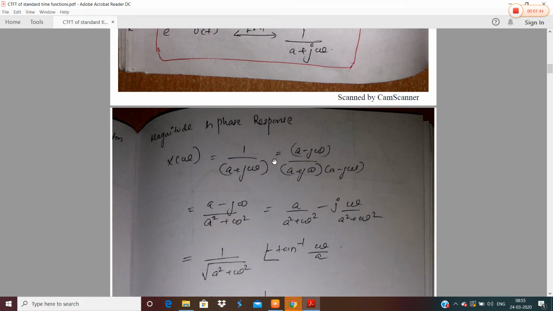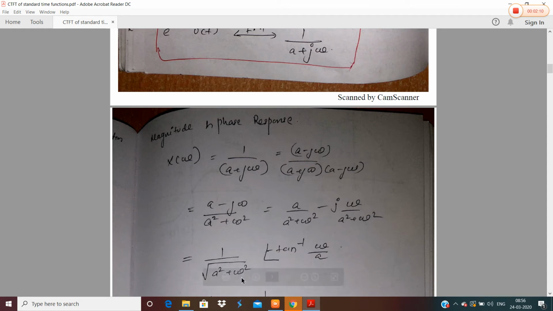So we multiply and divide by the conjugate, a minus j omega, in both the numerator as well as the denominator, and we get a minus j omega by a square plus omega square, because the denominator is of the form a plus b into a minus b, and we just split it. Real part is a by a square plus omega square and the imaginary part is minus j omega by a square plus omega square.